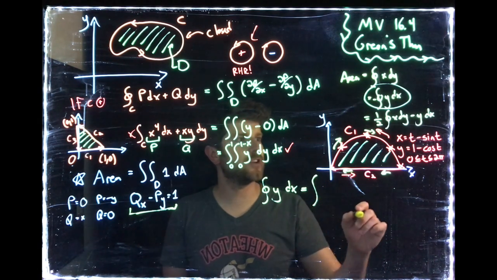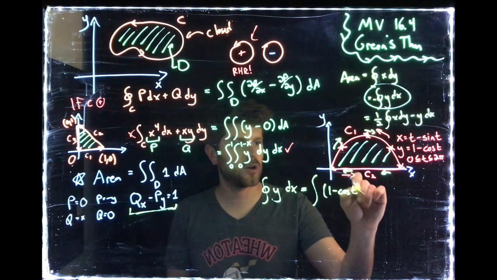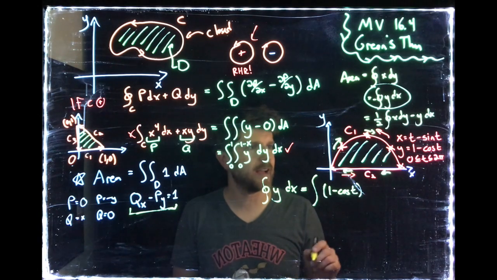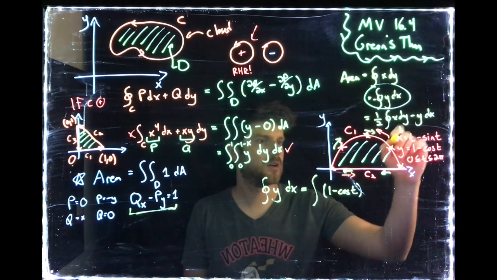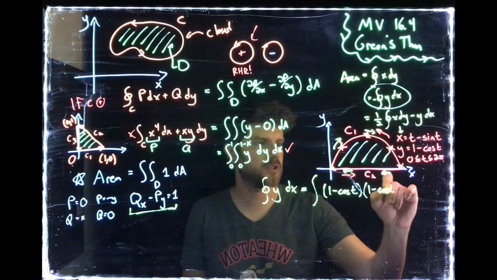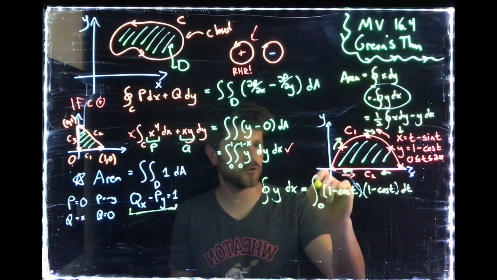So in this case, I know that y is equal to 1 minus cosine t. And if I take dx here, I also get 1 minus cosine t dt, and that's going to go from 0 to 2 pi.